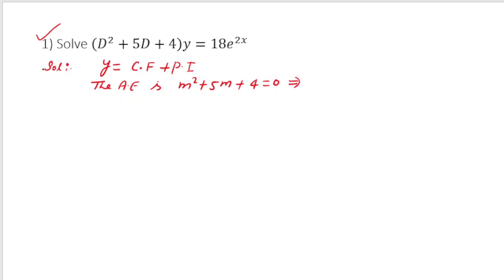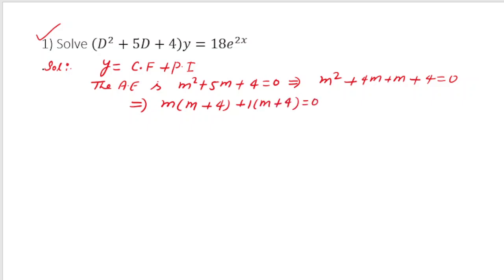This can be factorized like m square plus 4m plus m plus 4 is equal to 0. So the roots will be, I can just do one more step, m into m plus 4 plus 1 into m plus 4 is equal to 0. This can be further written as m plus 4 into m plus 1 is equal to 0.